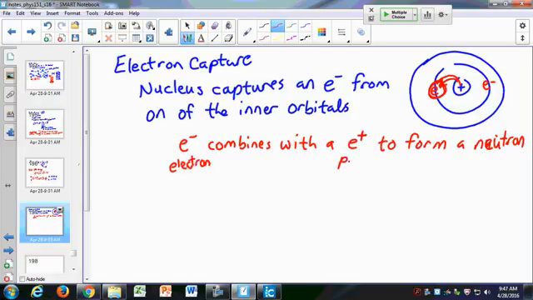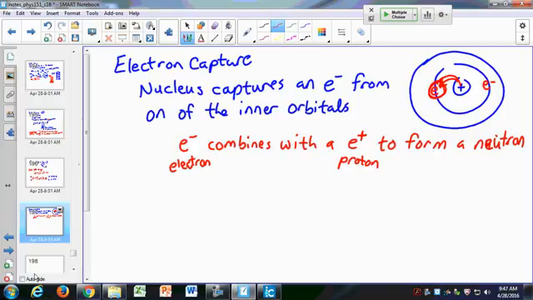It combines with a proton to form a neutron. Remember, the neutron we said has a mass that's equal to that of a proton. An electron has a mass that's so much smaller than the proton. It's like it doesn't even matter. It's like 10,000 times less the mass of the proton, or 1/10,000th the mass of a proton.